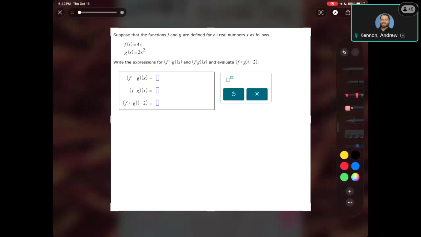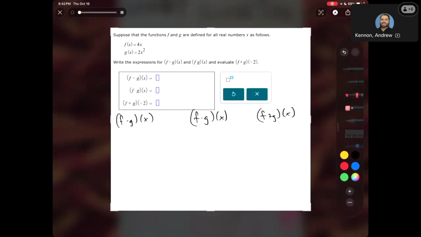All right, functions right here. Let me write these out real quick. So f minus g of x, f times g of x, f plus g of x. Okay, so for f minus g, the way that I like to write it is f of x minus g of x. That means the same thing.